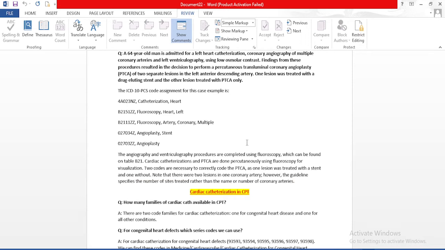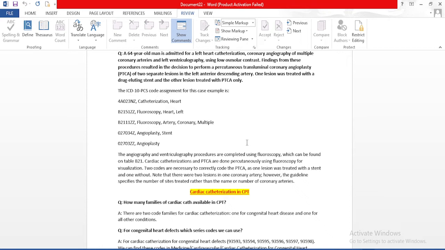A 64-year-old man is admitted for a left heart catheterization, coronary angiography of multiple coronary arteries, and left ventriculography using low osmolar contrast. Findings from these procedures resulted in a decision to perform a percutaneous transluminal coronary angioplasty, usually called PTCA, of two separate lesions in the left anterior descending artery.